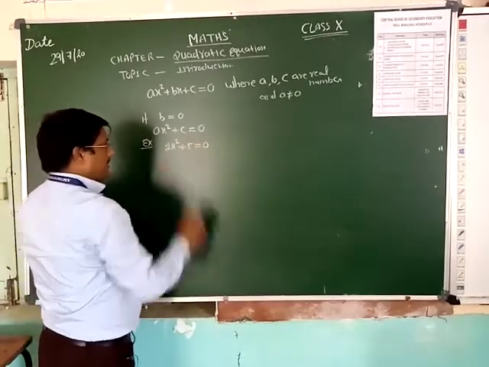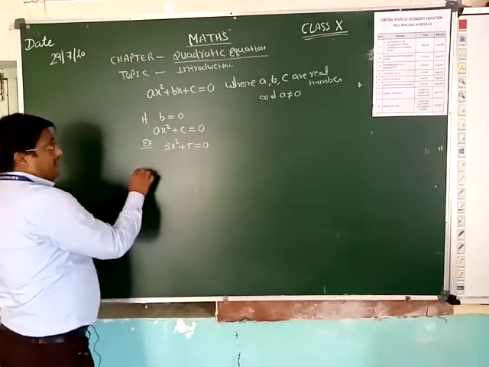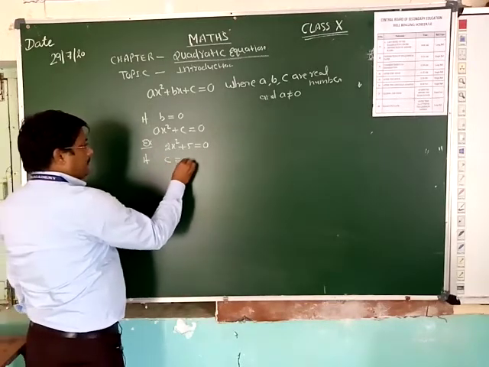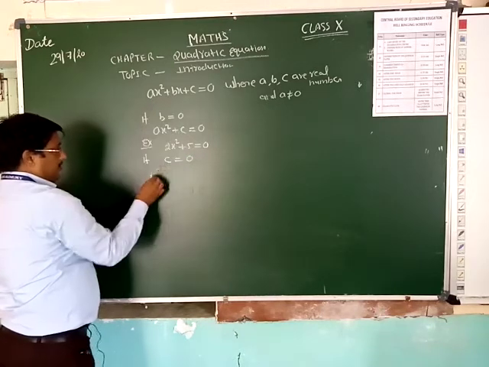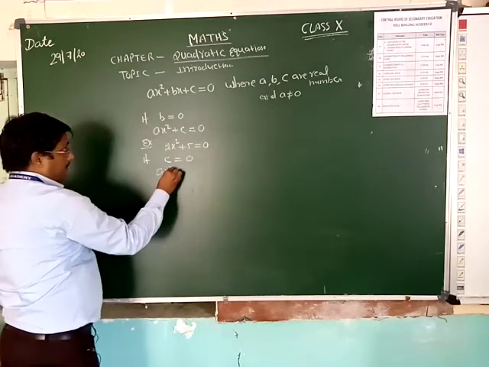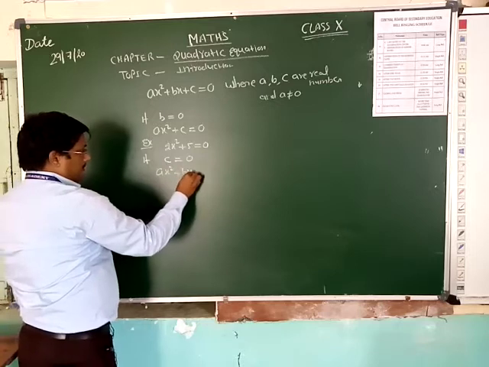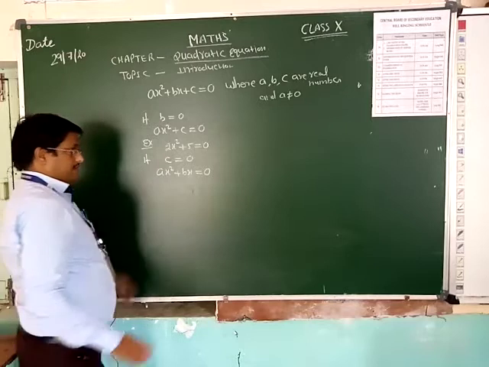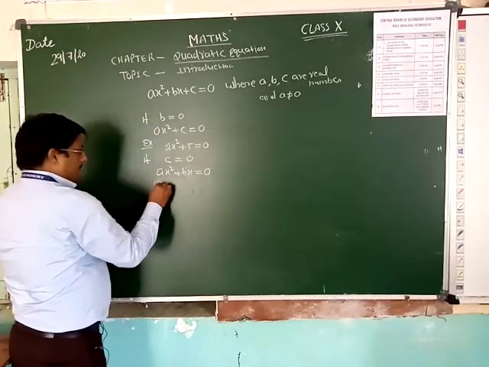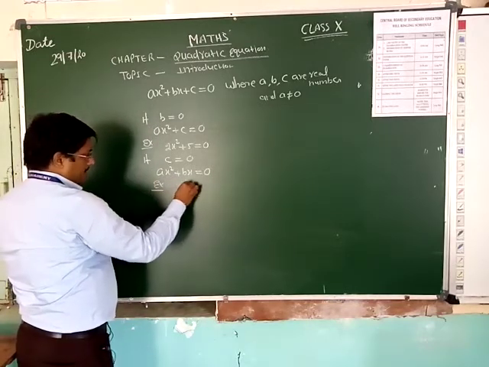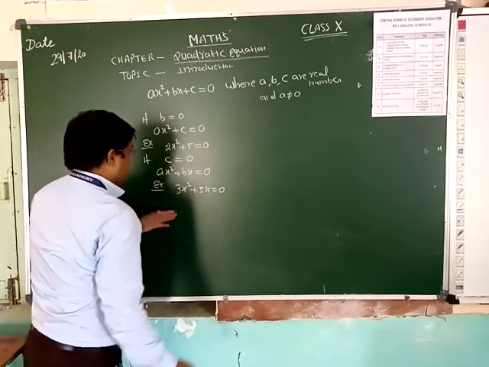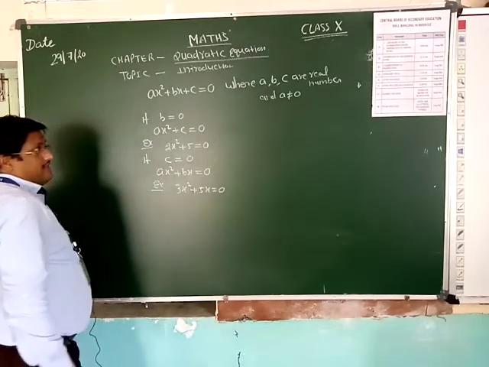Second case, if c is equal to 0, the equation is in the form ax square plus bx is equal to 0. It is also a quadratic equation. For example, 3x square plus 5x is equal to 0.